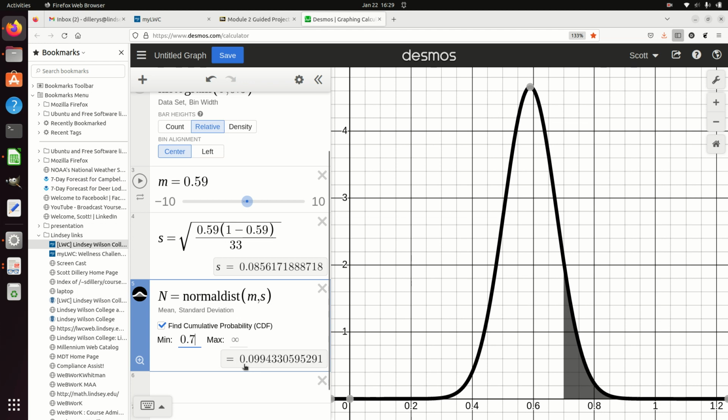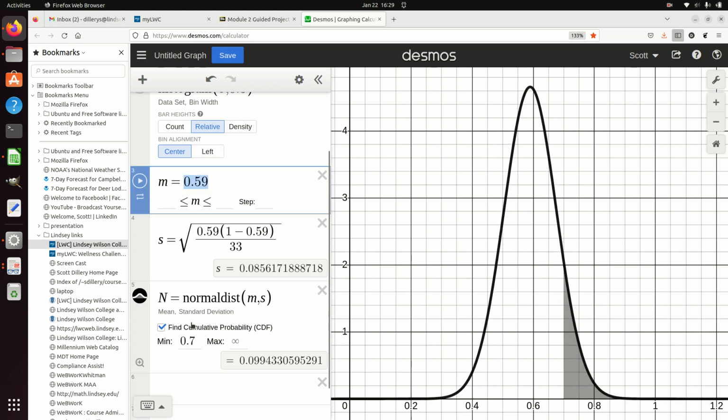And what I see is it's nearly 10% of the time that could happen. And so, if it's 10% of the time, then I'm going to say that's likely enough that my data that came in at 0.7, I really can't use that as evidence to say that the AAB responses were any higher than the general average.